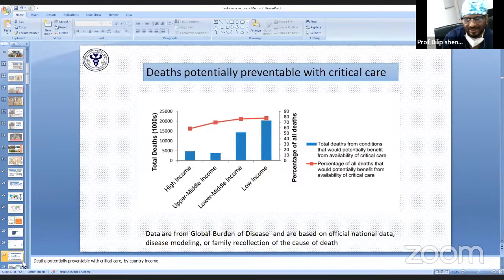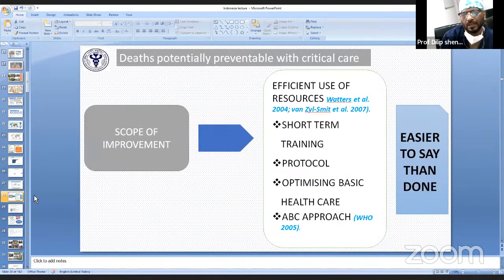The preventable deaths are much higher in low income and low middle income countries than in high income countries. You can see it going down like this. Deaths potentially preventable with critical care, so there is a lot of scope for improvement.